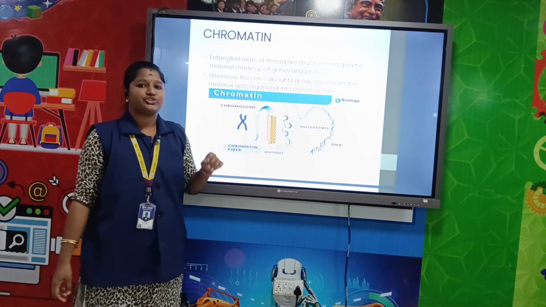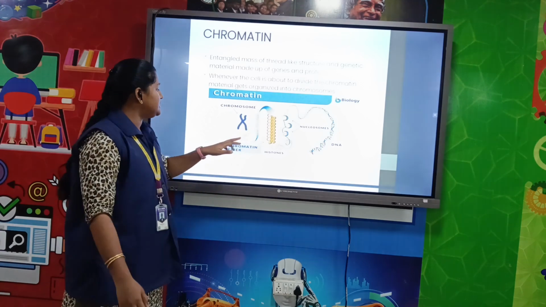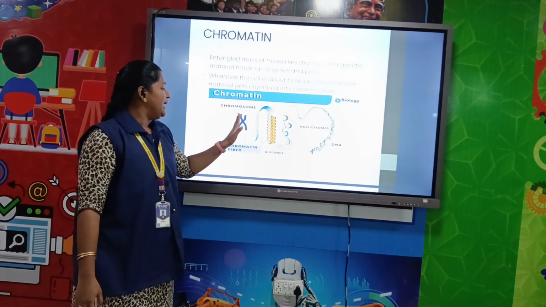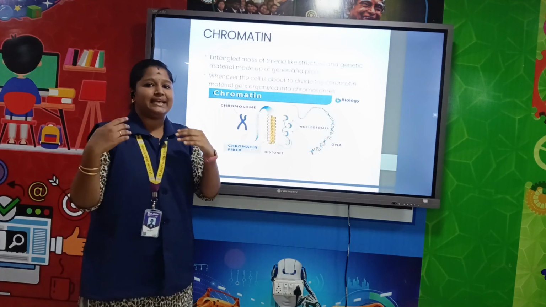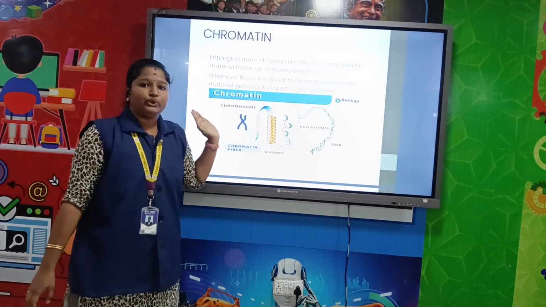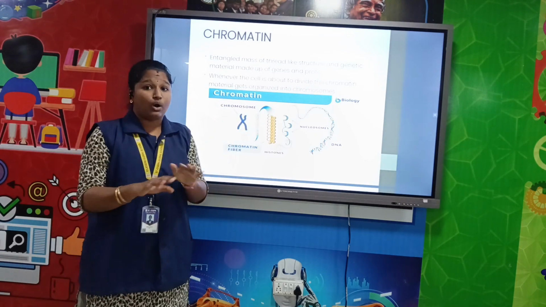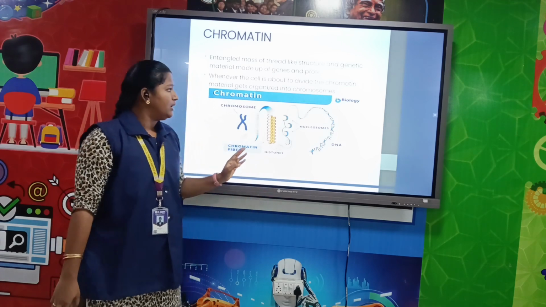Approximately this coil-like structure is exactly 300 nanometers. This coil-like structure will form and finally it will become a chromosome. Whenever the cell divides, at that time only chromatin is converted into chromosome. If the cell does not divide, the chromatin will be present as it is.